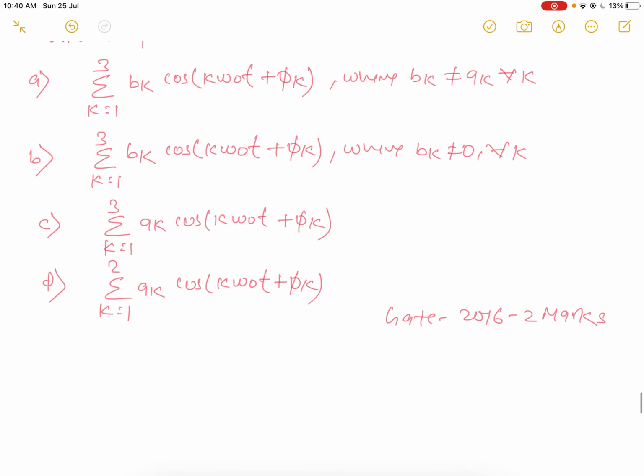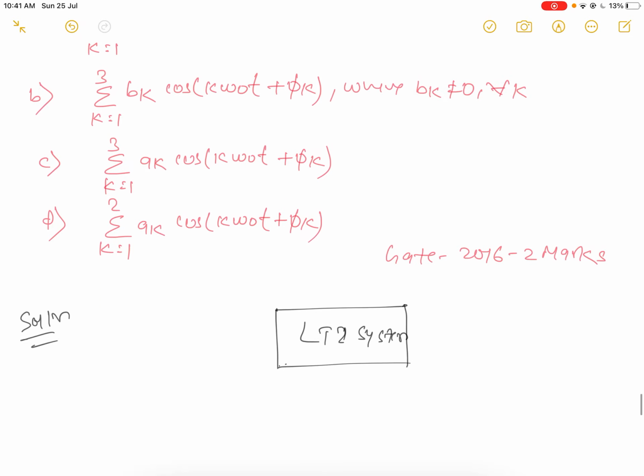So always remember, when you take the input in an LTI system, the output will be of the same form, only magnitude and phase will be different.